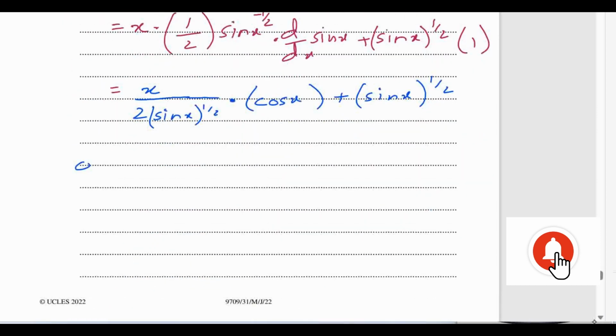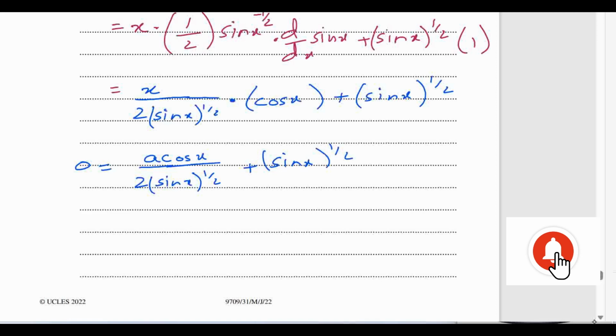So 0 is equal to a by 2 sine of x whole power 1 by 2 cos of x plus sine of x whole power 1 by 2.